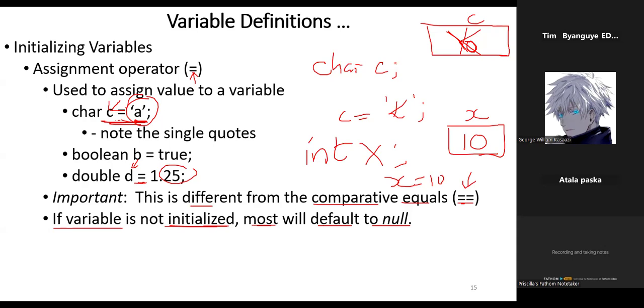Sometimes I might write some piece of code, take a screenshot and ask you for the output. So I can create a variable and not assign it an initial value, like double D. The default value for double and even float is 0.0.